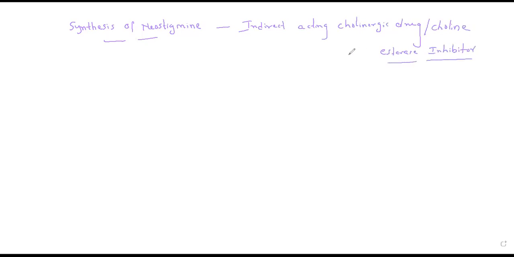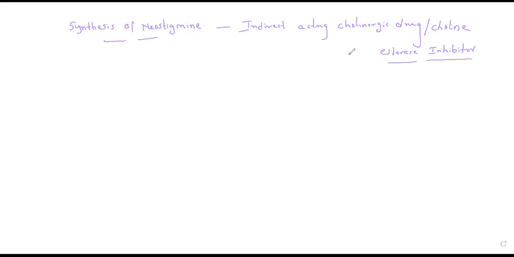So I think most of the people or students are aware about these cholinesterase inhibitors. Cholinesterase inhibitors are the chemicals that prevent the breakdown of the neurotransmitter acetylcholine.